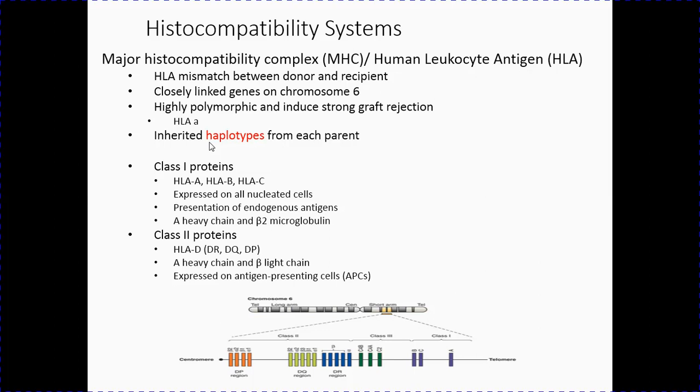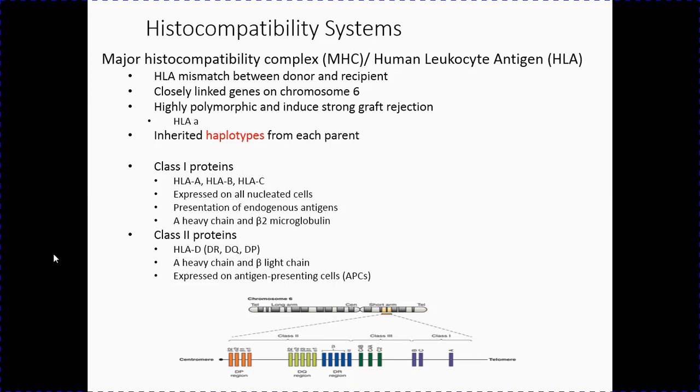Well, let's look at class 1 proteins first. Class 1 MHCs, as I said, are a result of gene coding in HLA-A, B, and C. Class 1 MHCs are expressed on all nucleated cells, so every nucleated cell in your body has MHC class 1 complexes.